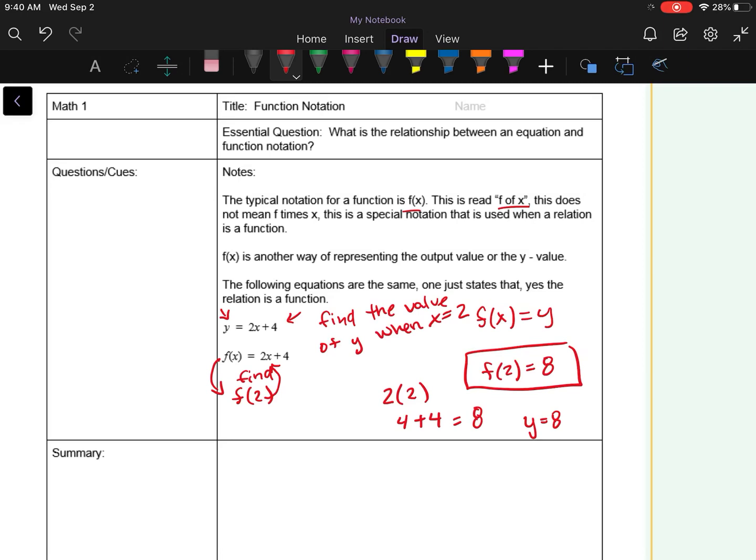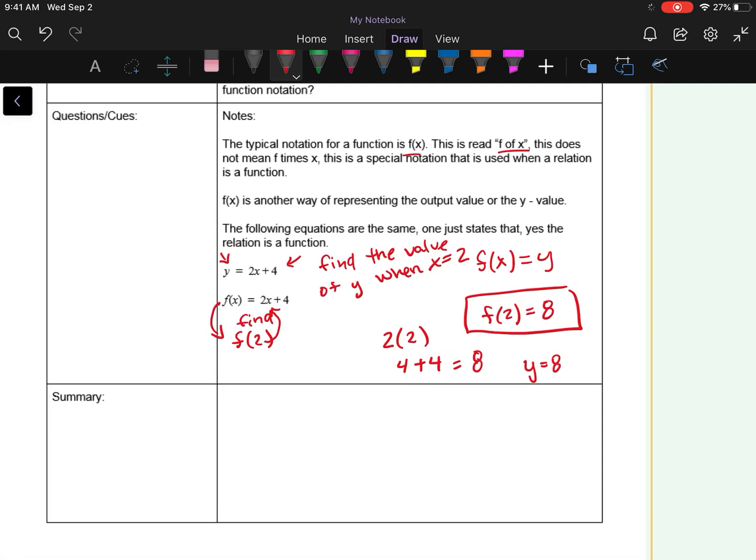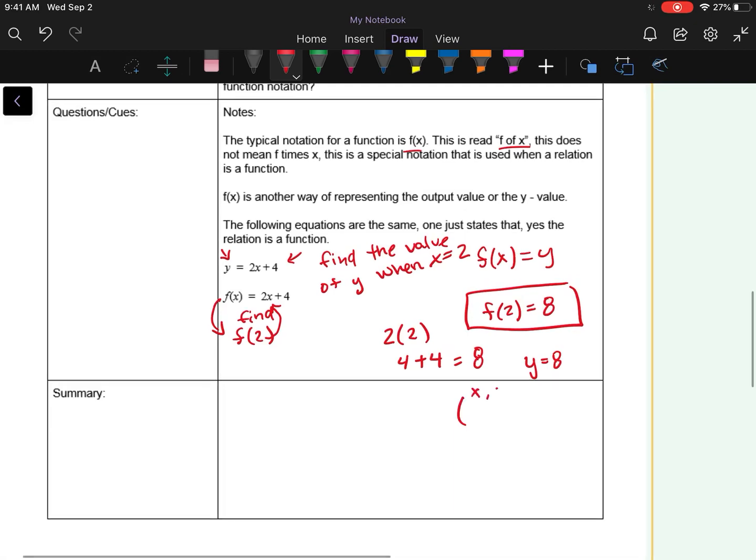If we were going to write a pair, my x and y value, when my x was input as 2, my output was y, and that would be a point on the graph of that function. You would get the same answer. It just takes a little bit longer to write in this format than in this one.